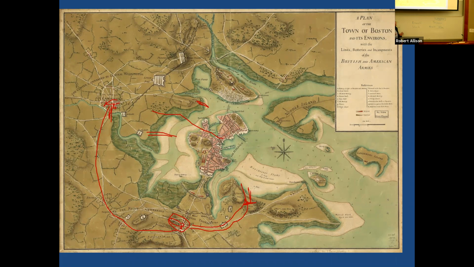They wouldn't be able to dig, but in Dorchester and Roxbury, they had cut down a lot of trees to make fascines, chandeliers, other kinds of fortifications, which they then hauled to the top of the hill, filled with rocks, and placed guns on top of them. And now they probably could get a few shots into Boston, but the real target would be the British fleet out here in the harbor and the British fortification on Castle Island.